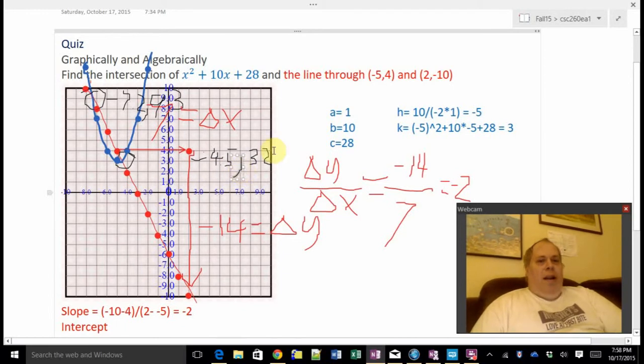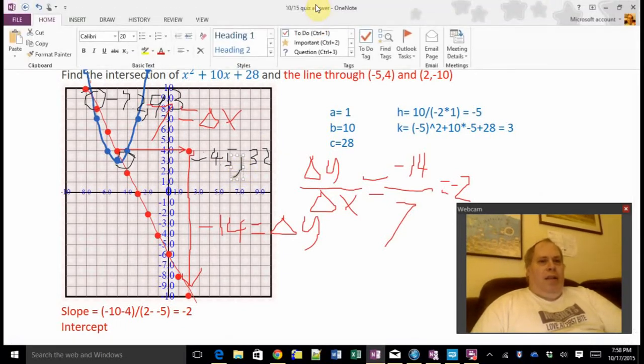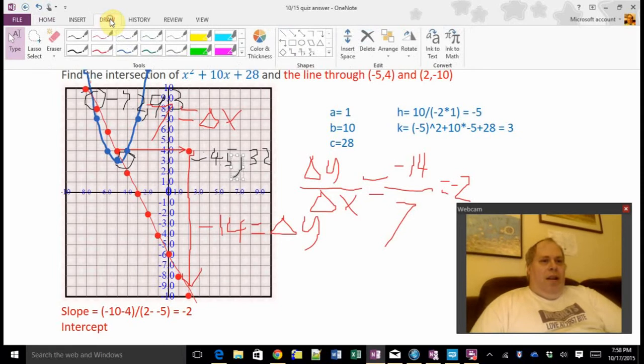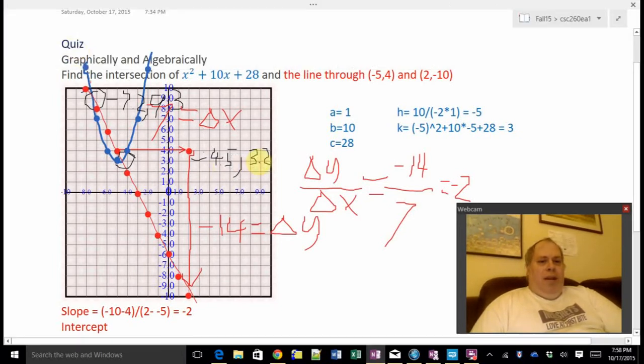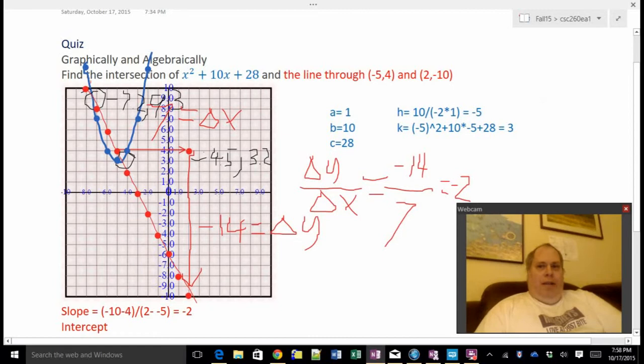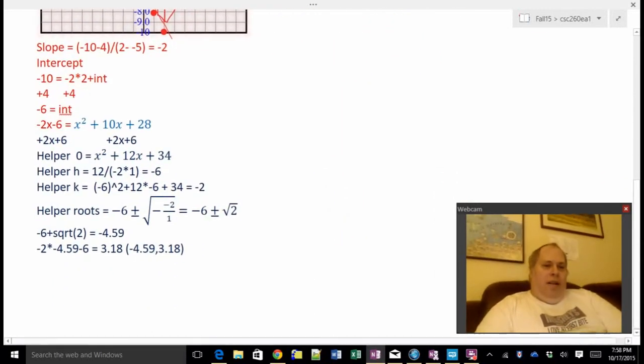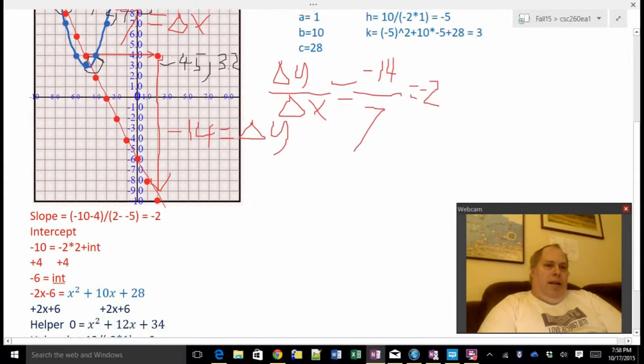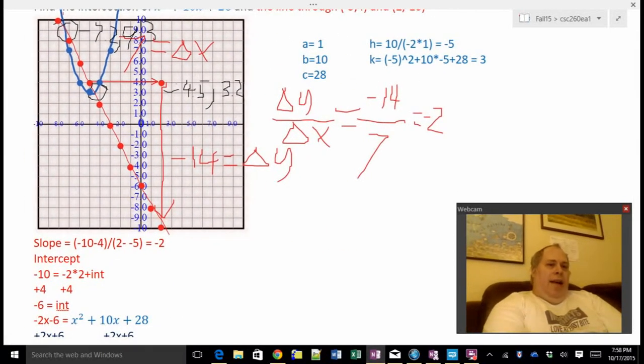So this is wrong, but the problem was graphical. The problem is I put the X and Y switched. Now that's a fairly common problem that you should watch out for. Everyone sometimes switches X and Y's. So you see, even I do that. Okay? Now I see that these two line up, and in fact that point that I circled is really negative 4.5, 3.2.